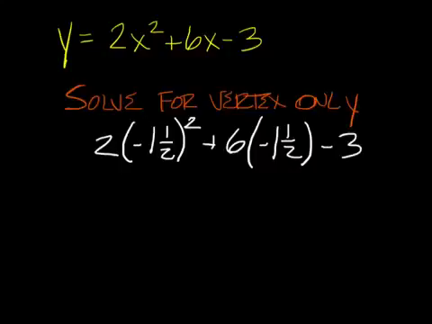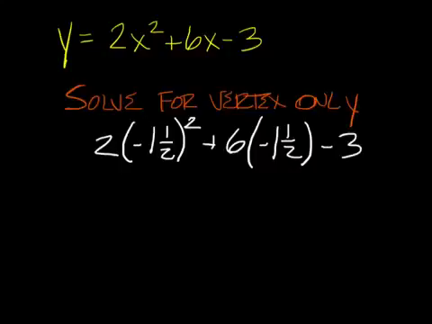So in your calculator, if you square negative 1.5 and multiply by 2, you should get 4.5. And then you'll end up subtracting 9 because you'll have negative 4 and then minus 3. You'll come back with negative 7.